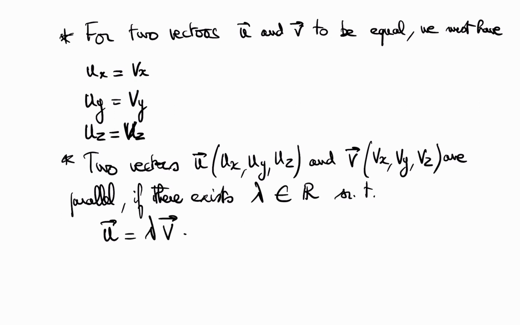Because basically, this is vector u and this is vector v, and they are in the same direction, but they have slightly different lengths.